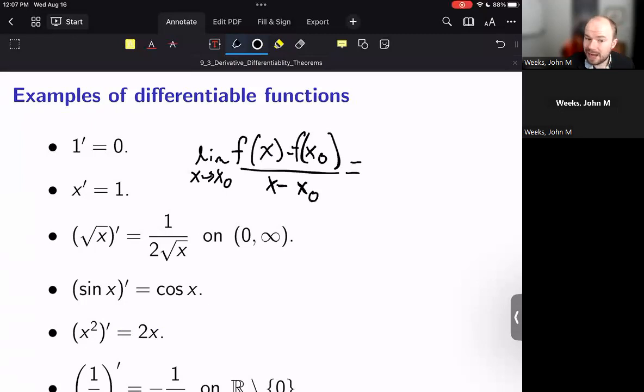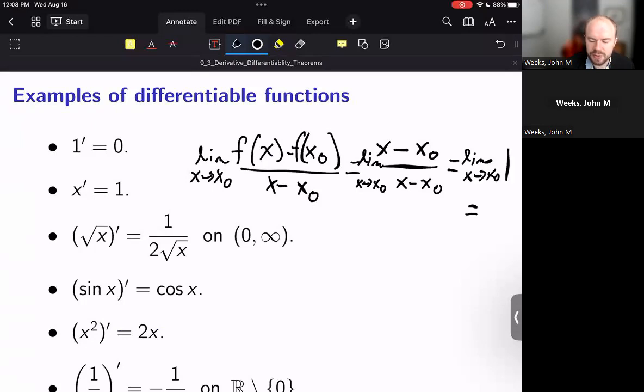Well, I'm going to plug in what I know the function to be. I know the function is x, so f of x equals x, and f of x naught equals x naught. So this is x minus x naught over x minus x naught. Once I take that limit, this is what I end up getting here. And this is going to give me the limit as x approaches x naught of 1, which I know to be 1. So that can be one way I can go through and do that.